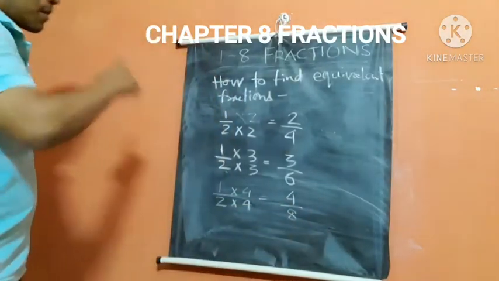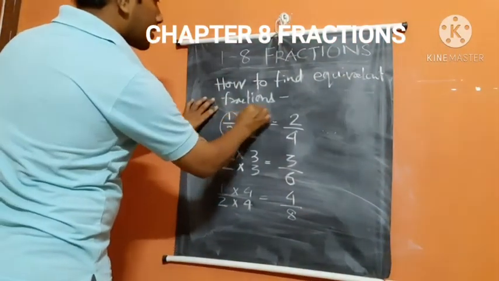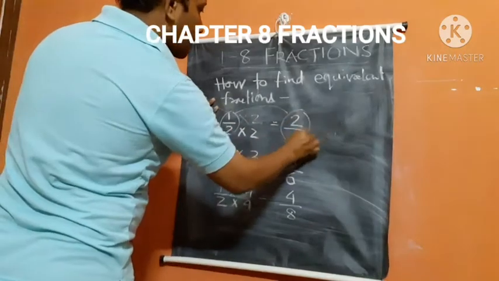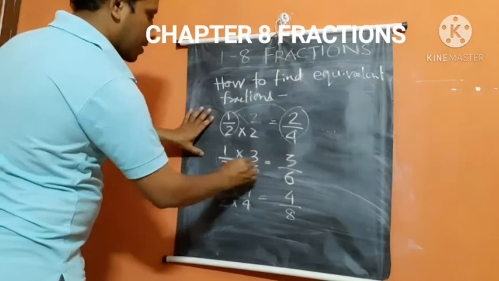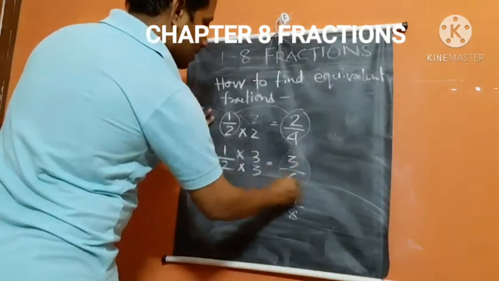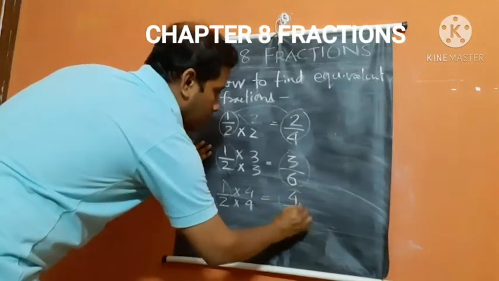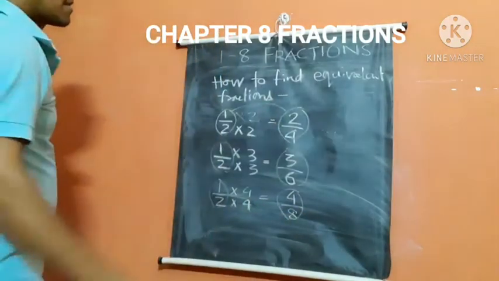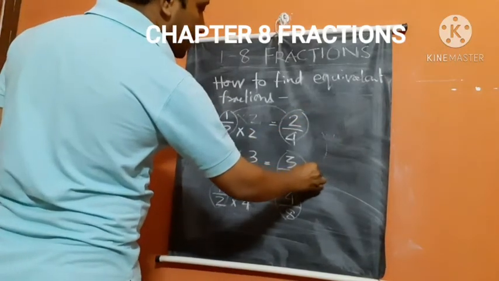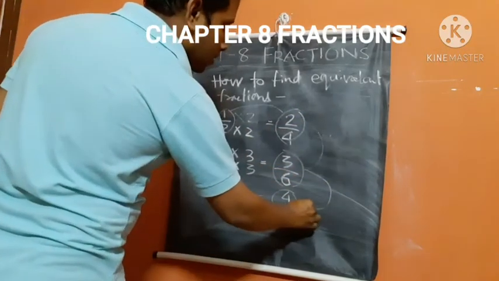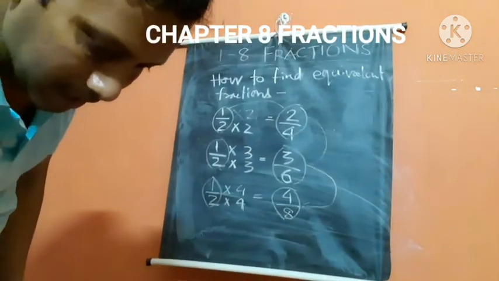So in the first case we have found that 1 by 2 is equivalent to 2 by 4, 1 by 2 is equivalent to 3 by 6, 1 by 2 is also equivalent to 4 by 8. And here also you can do this: 2 by 4 is equivalent to 3 by 6 and this 3 by 6 is also equivalent to 4 by 8. So this way we can find equivalent fractions.